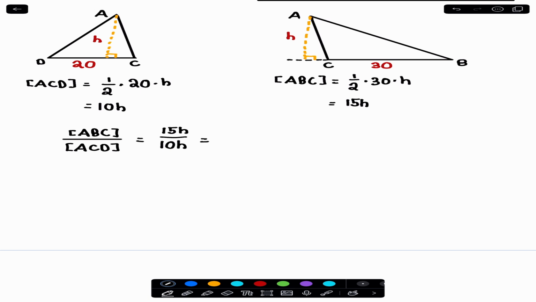This can be simplified after some cancellation. I'm just going to get rid of the h's, and 15 over 10 simplifies to 3 over 2. So the final answer is 3 over 2.